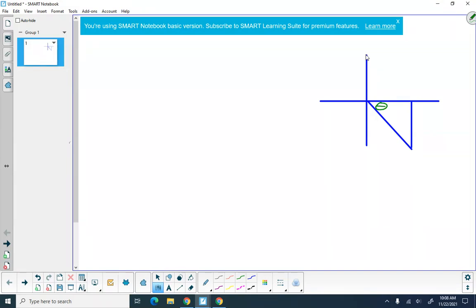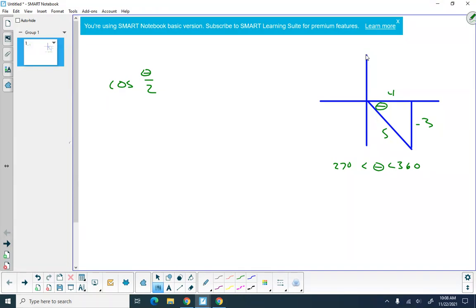Here's our theta value. And the sine of theta is negative 3 over 5. We have a 3, 4, 5 triangle, so our theta is between 270 and 360. And we want to find the cosine of half theta.